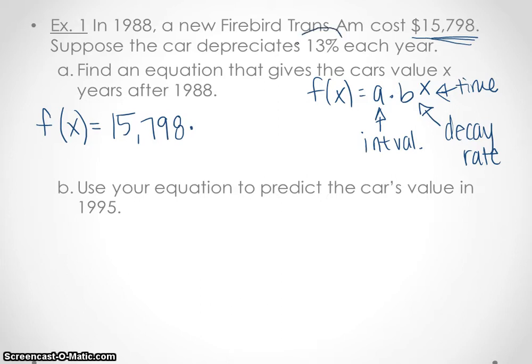Be careful, we're depreciating 13% each year. If we take that value off of 100%, meaning we subtract 13%, we're going to get 87% value left over. You want to think of it in terms of what is left over. If you're taking 13% off of something, you're only left with 87%.